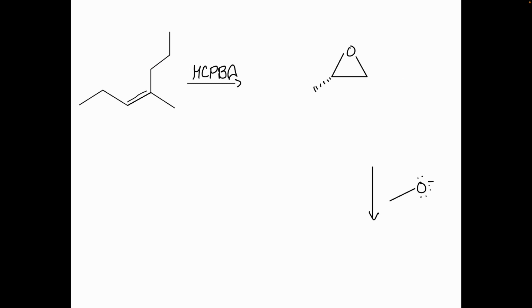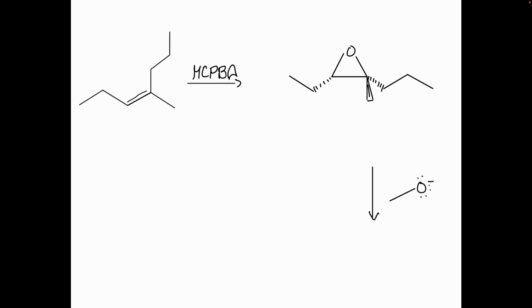So I'm going to imagine that this oxygen got put right on top there. So I have my ethyl group pointed into the page. I have my propyl group pointed into the page. And I have my methyl group sticking out at me.